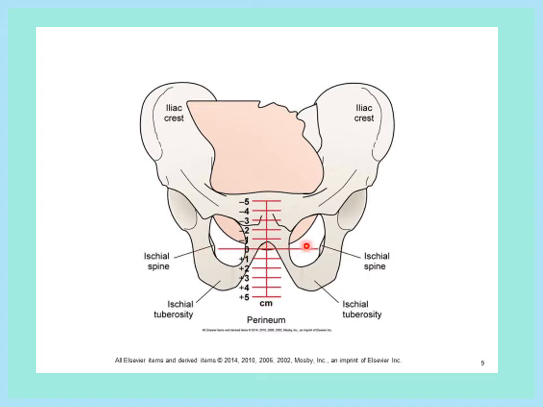The imaginary line itself, if the presenting part has reached this line, is documented as 0 station. 1 centimeter, 2 centimeters, 3 centimeters or more above the ischial spines is documented as -1, -2 station. 1 centimeter, 2 centimeters, 3 centimeters or more below the level of the ischial spines is documented as +1 or +2 station, and so forth.